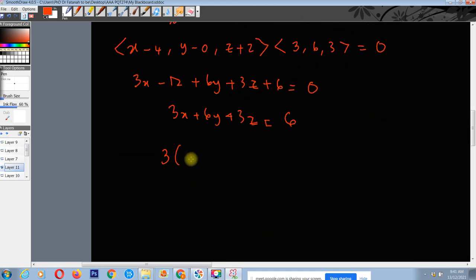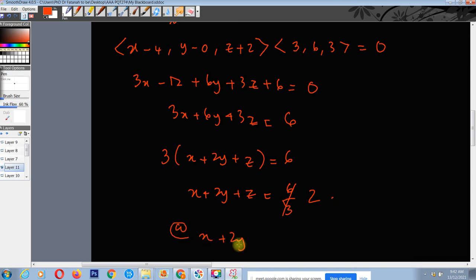So x plus 2y plus z equals 6 over 3, which equals 2. So that is the answer. Either like this, or x plus 2y plus z minus 2 equals 0.